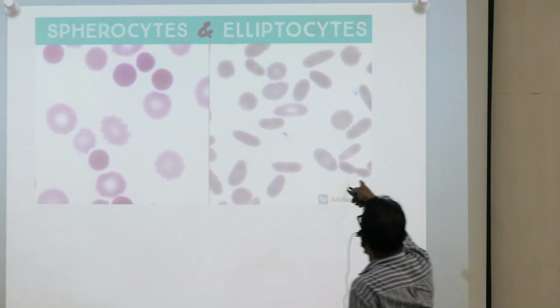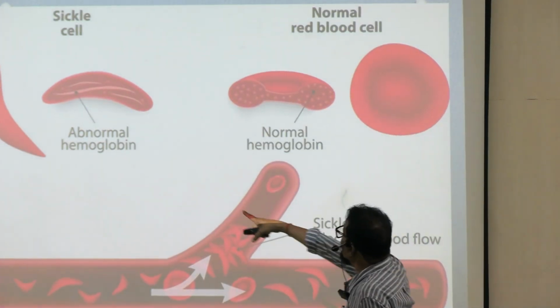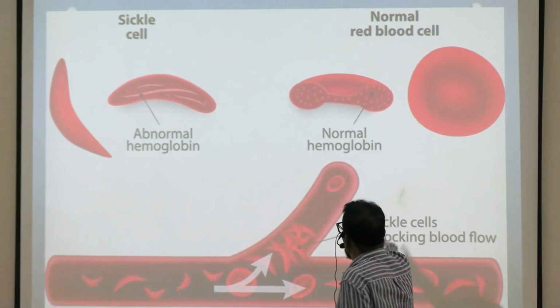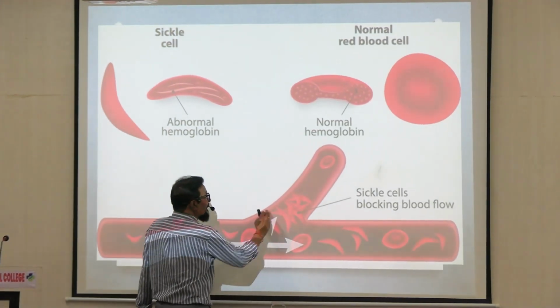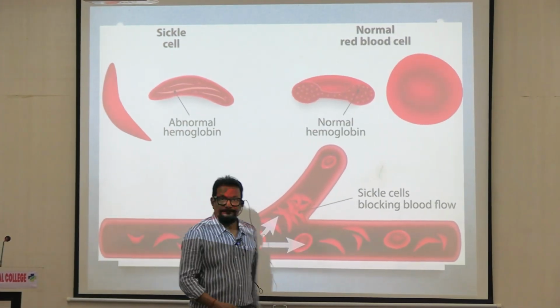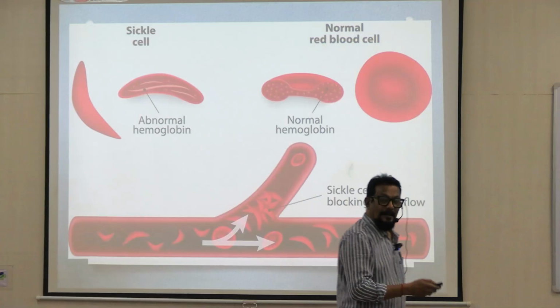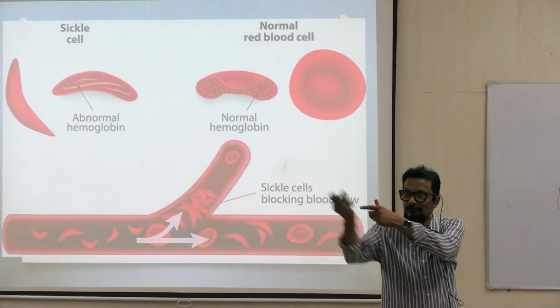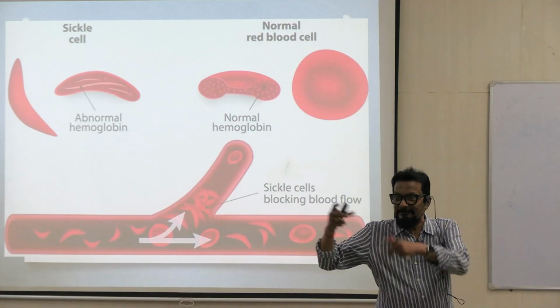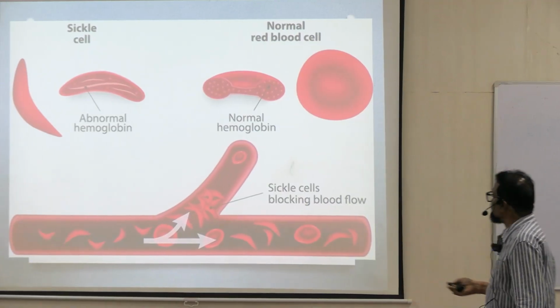Spherocytes, elliptocytes, sickle cells obstruct the lumen, so they will be broken here. The material will be taken up by the macrophages when these debris pass through the spleen.